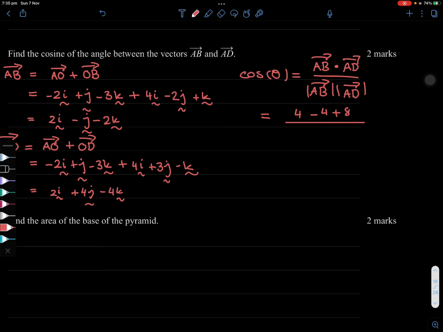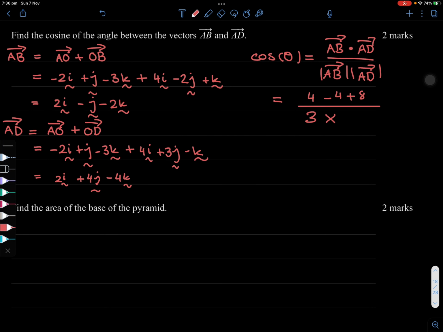And the magnitude of AB is the square root of 4 plus 1, which is 5, plus another 4, which is 9. So that's just 3. Times the magnitude of AD. Now the magnitude of AD is the square root of 2 squared is 4, plus 4 squared is 16, that gives you 20, plus another 4 squared, so that gives you 36. So root 36 is just 6. So that gives us 8 on 18, or 4 on 9 as our cosine. So that's our answer.